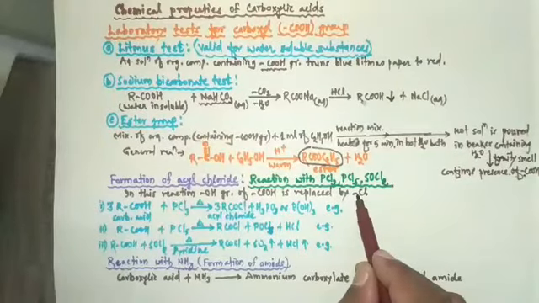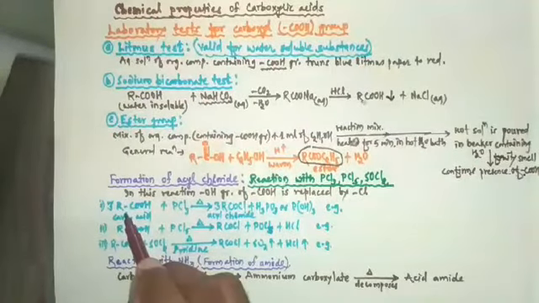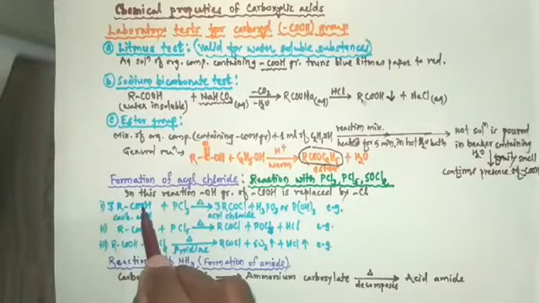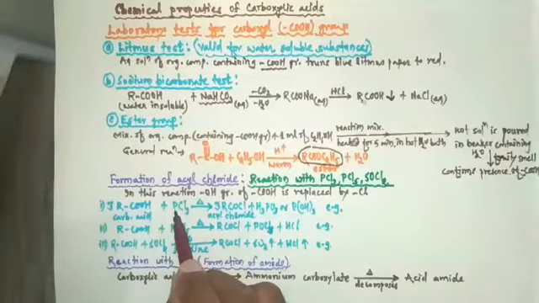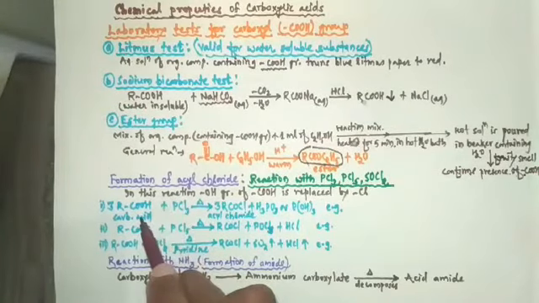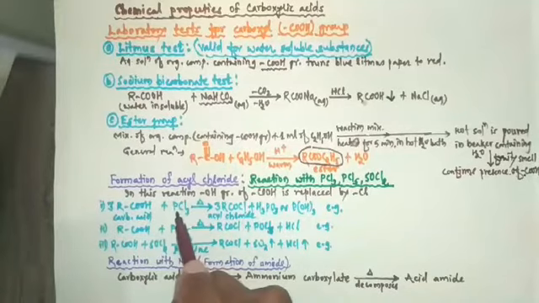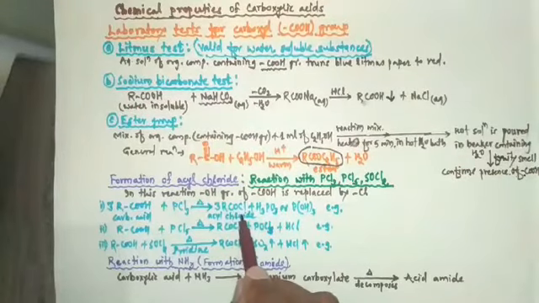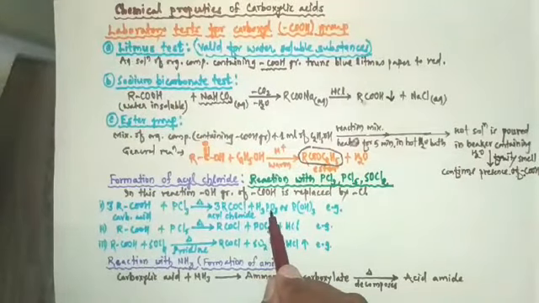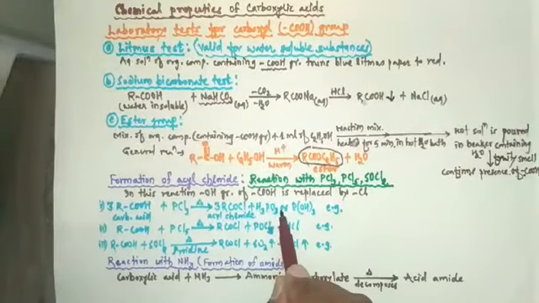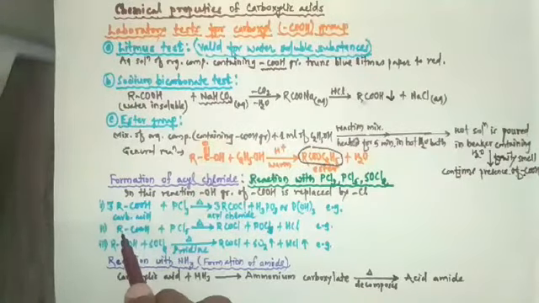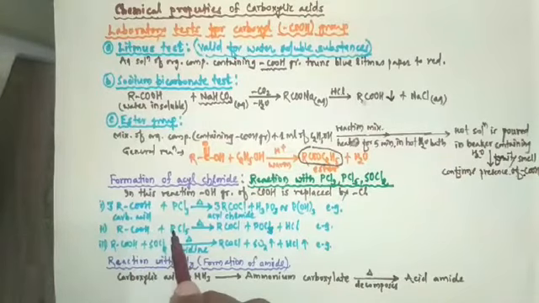So let's study the general reactions. Here we are reacting a carboxylic acid with phosphorus trichloride. When a carboxylic acid is heated with phosphorus trichloride, formation of acyl chloride takes place, and the byproduct formed is H3PO3, or P(OH)3. Then the next general reaction is the reaction of a carboxylic acid with phosphorus pentachloride.